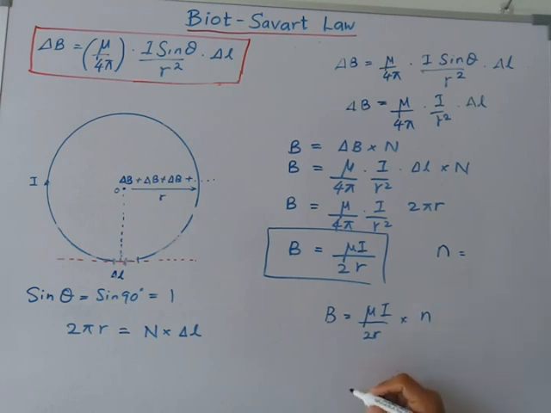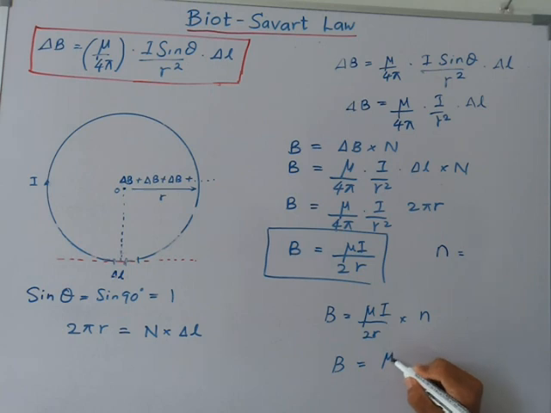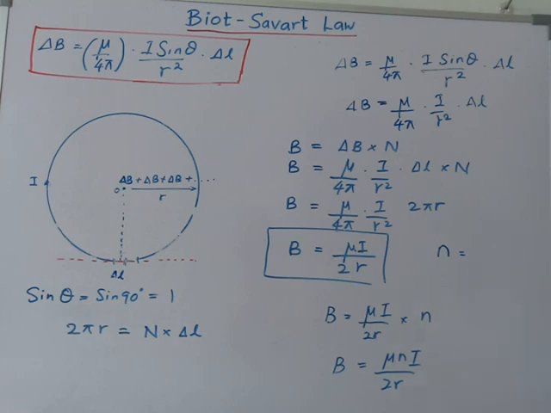So B is equal to mu n I over 2r. This is the magnetic flux density at the center of a current carrying circular coil with n loops. If there is only one loop, n is 1, so you get the previous equation.